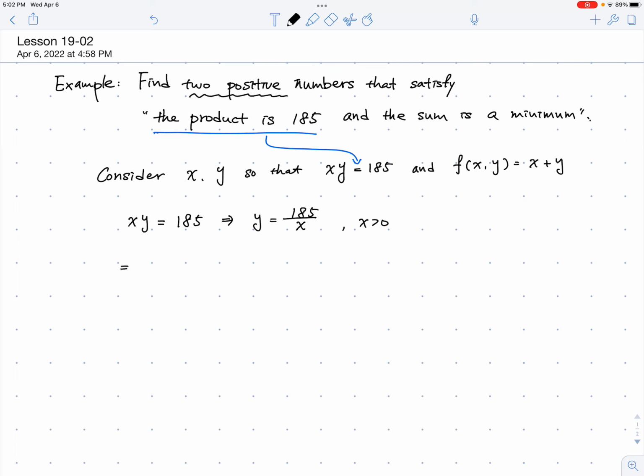So now f can be just written as x plus 185 over x, and now it's a function of just one variable. All right, so we are looking for the number x so that the sum is a minimum.